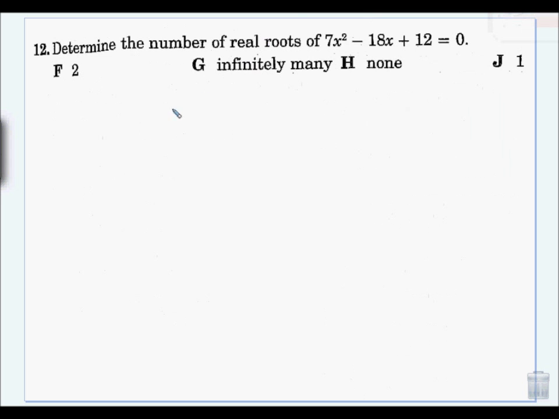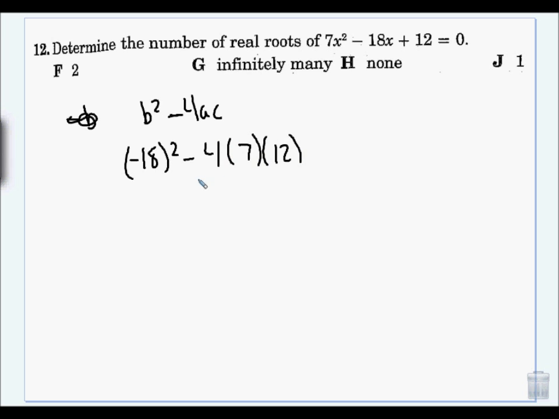All right. Number 12. How many real roots does this have? Well, remember you can figure that out by using the, sorry, not negative b, b squared minus 4ac. So if I plug in, b squared is negative 18 squared, minus 4 times 7 times 12.